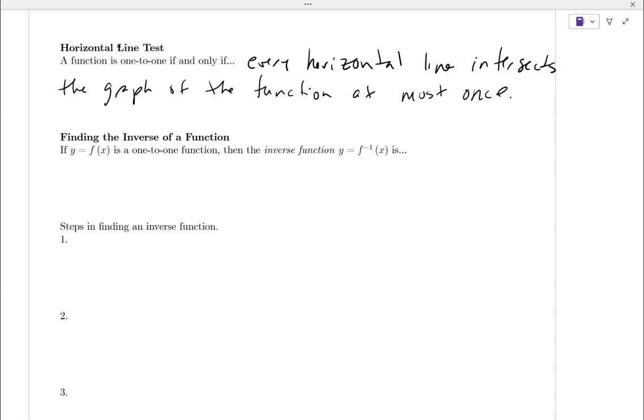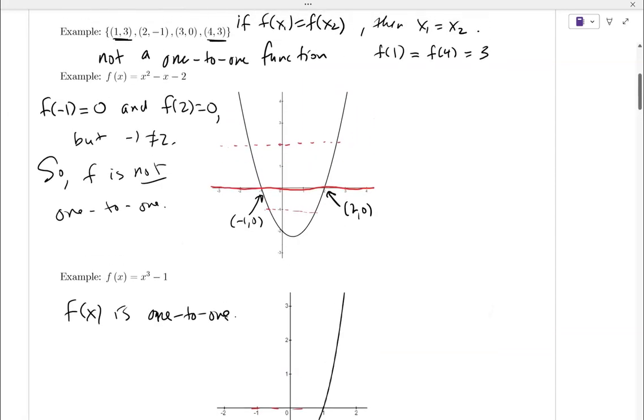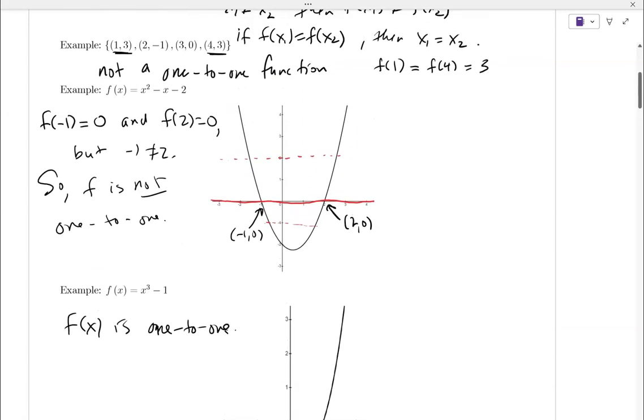The reason why we care about one-to-one functions is so that we can talk about undoing them. So what I mean by that is, if I go back up here to this function, I'm going to erase all these extra little lines I put in here. See it a little bit better. If I go back up to this function up here, if I tell you 0 came out, are you 100% certain what went in?